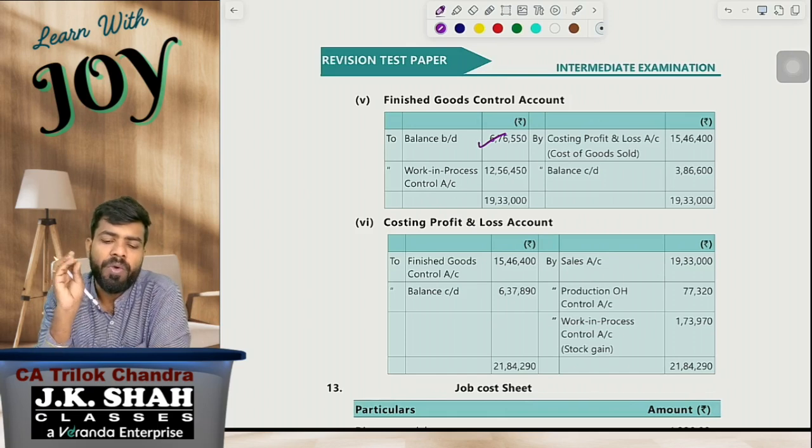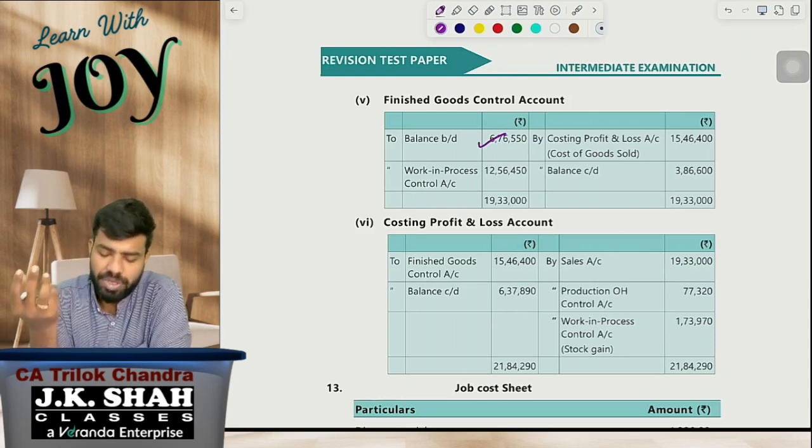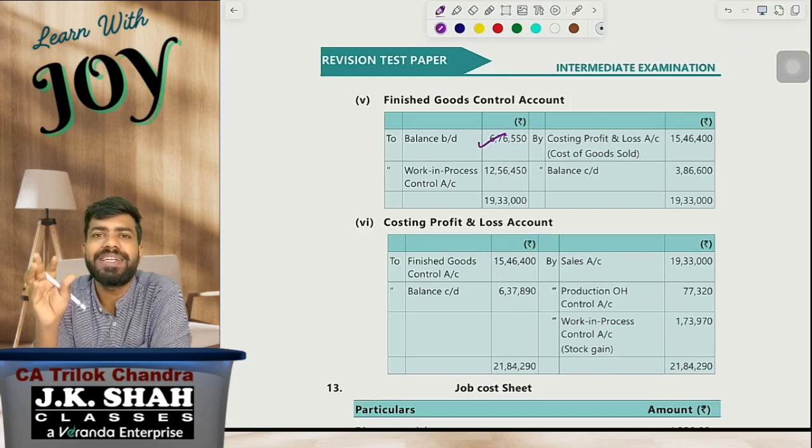Next, what is the first transaction given? Material purchased during the period. What is the entry for this? SLC account debit to cash, because here they didn't mention whether it is cash purchases or credit purchases. And one more thing, we are under the integrated system.